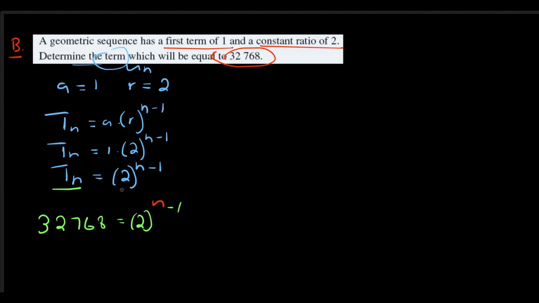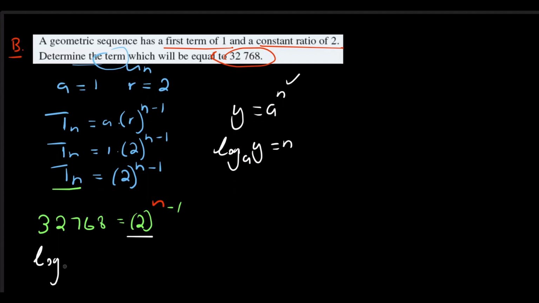We need to find n, and we can do that using logs. Whenever you're given an exponential equation y equals a to the power of n, where n is unknown, we apply logs: log base a of y equals the exponent. We use the same logic here.